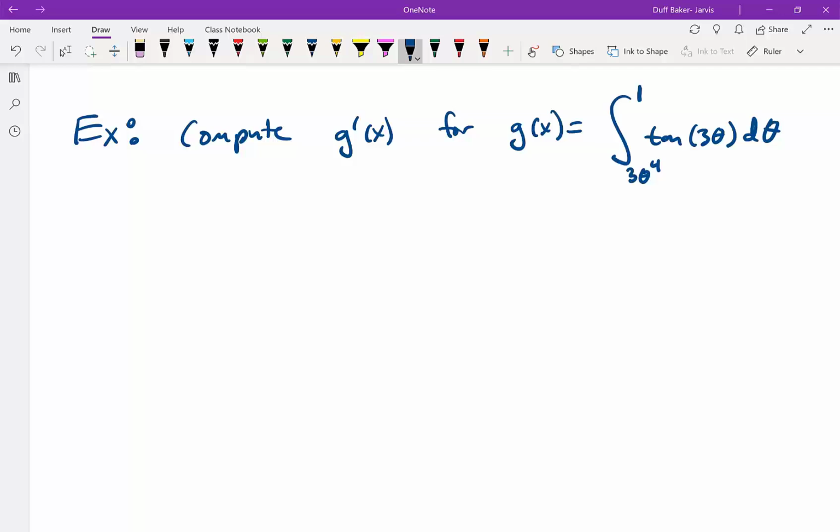Okay, so give this one a try. If I give you, sorry, I have to put this as an x, 3x to the fourth. So see what you would get if you did this one. I'll give you a minute or two to think about it.